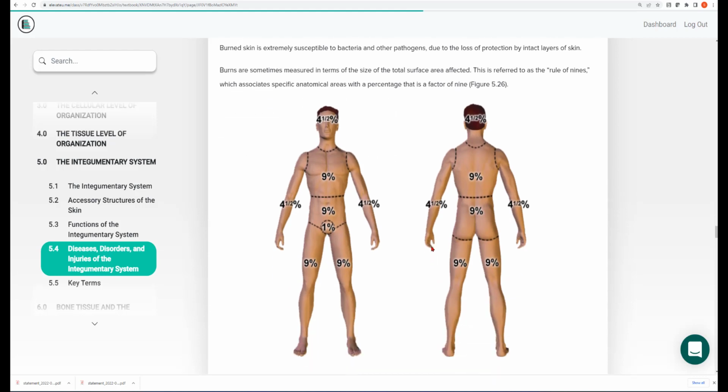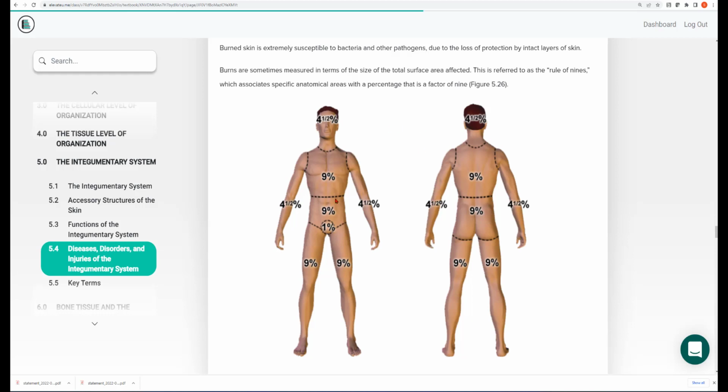It's just a simple way to add up the percentage of the body that is affected by a burn. So a patient has been in a house fire. A patient has been in a car accident where there was heat and they have suffered burns to their body. We can quickly determine what percentage of their body has been affected by the burn by looking at the rule of nines.